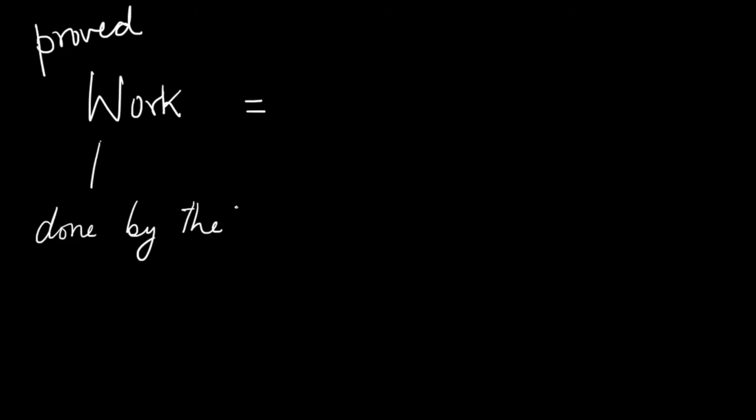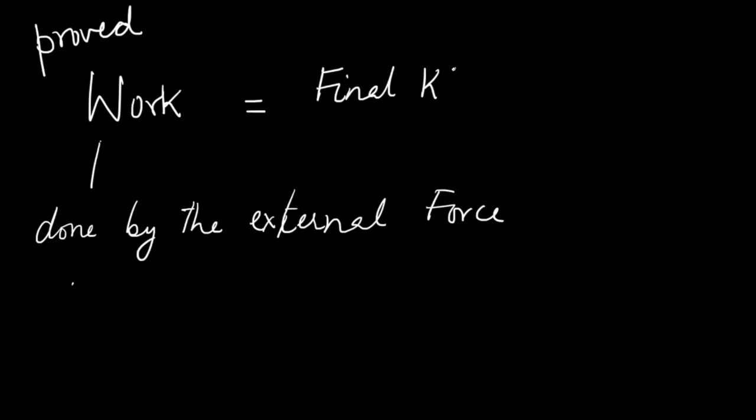Work, we just proved, and that's the key word, we just proved that work done by the external force, what I mean by external is the external force on the particle, is equal to the final kinetic energy of the particle minus the initial kinetic energy of the particle.